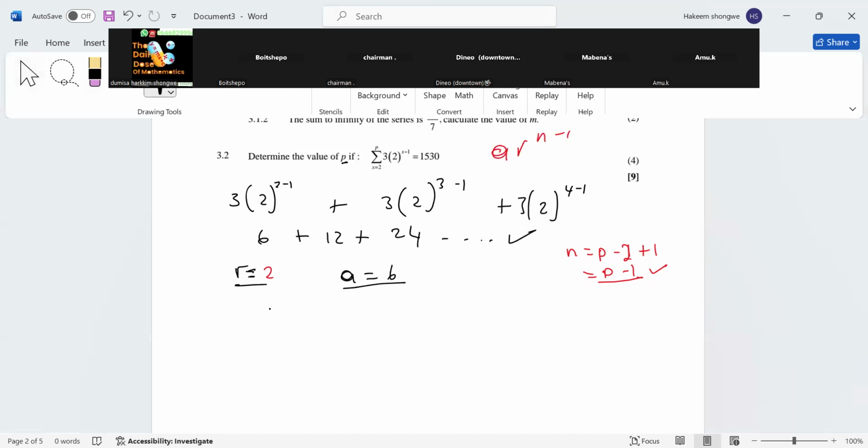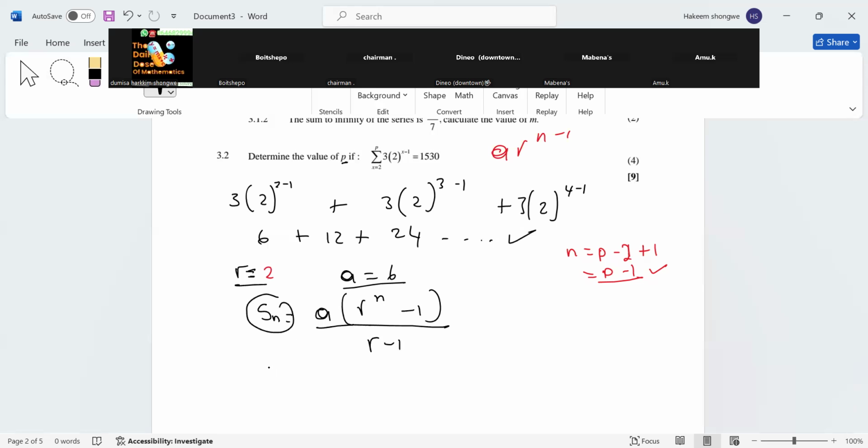So then, as long as you determine the value of R, we use the Sn equation. Our Sn is equal to A open bracket R to the power of n minus 1 over R minus 1. Let's use this one because R is positive. So what is then Sn?